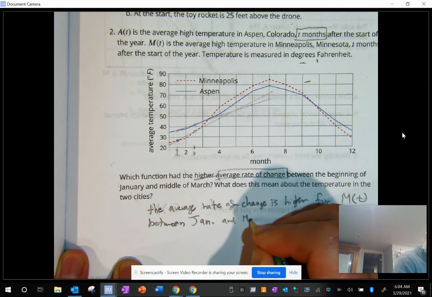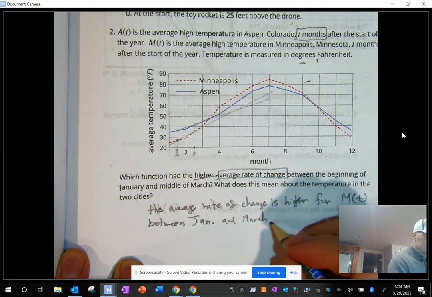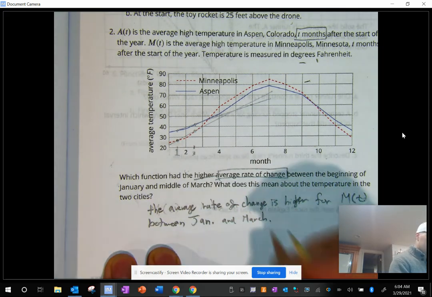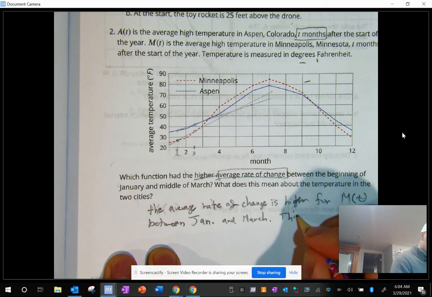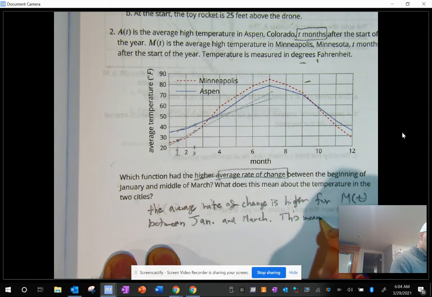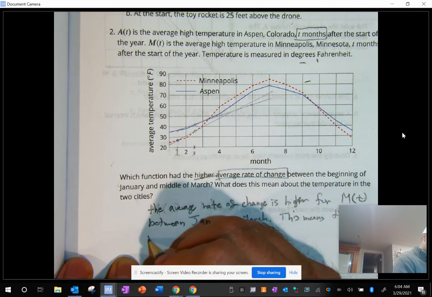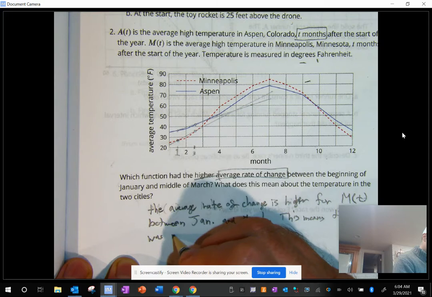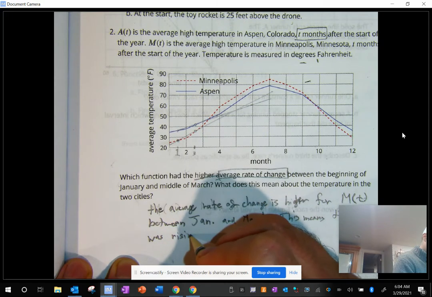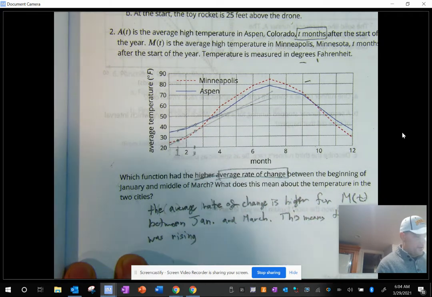And this means that temperature was going up faster, was rising faster, or it was getting warmer faster than it was in Aspen.